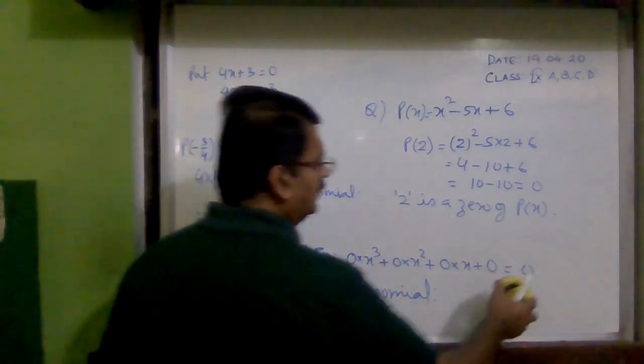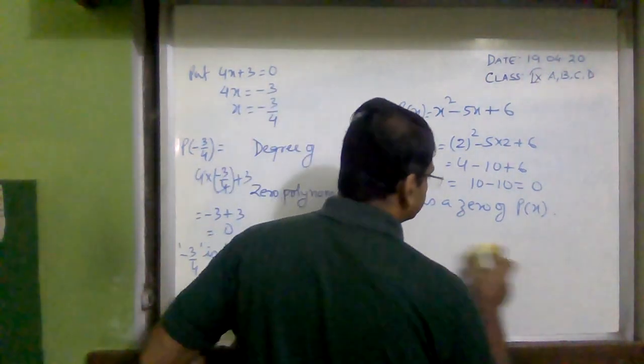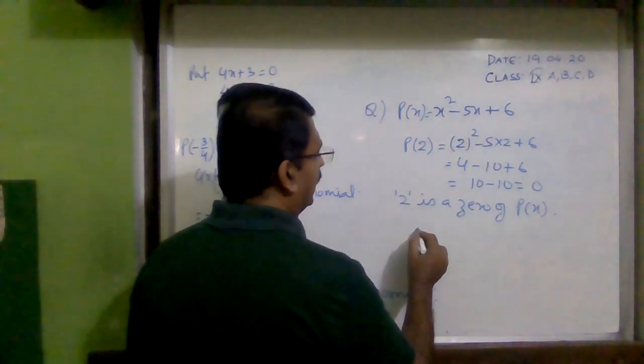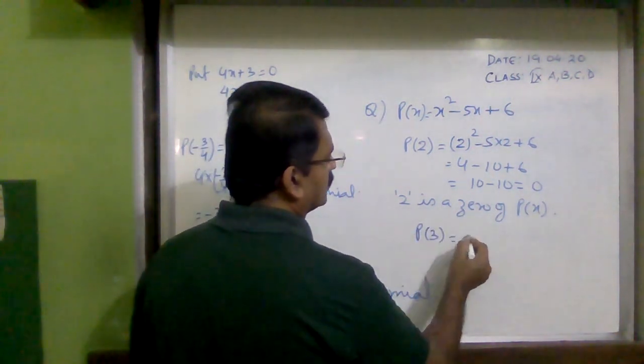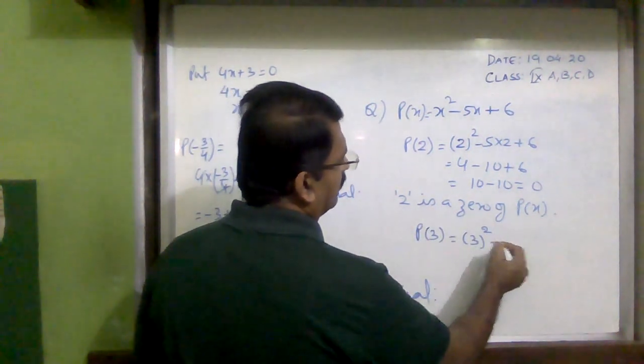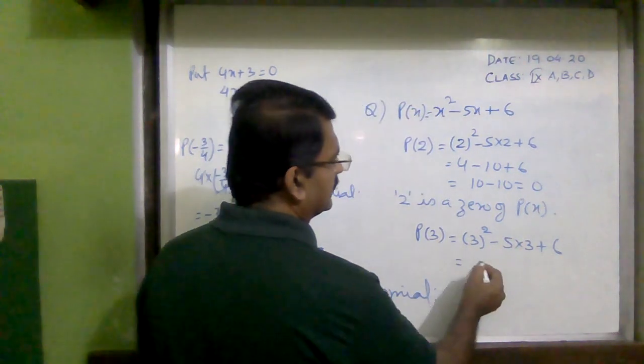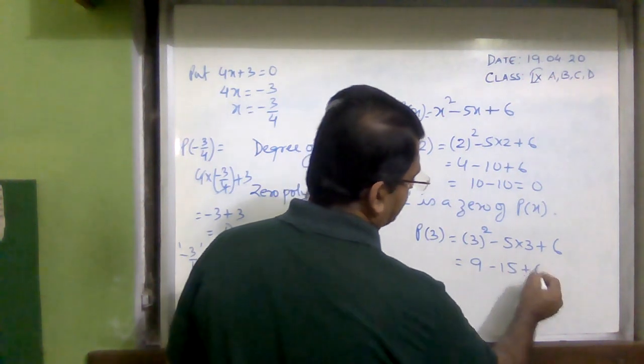Now do one more thing. In place of x, you write down 3 also. So it is 3 square minus 5 into 3 plus 6. That means 9 minus 15 plus 6.